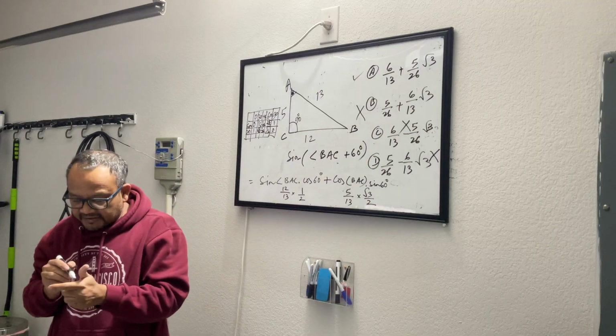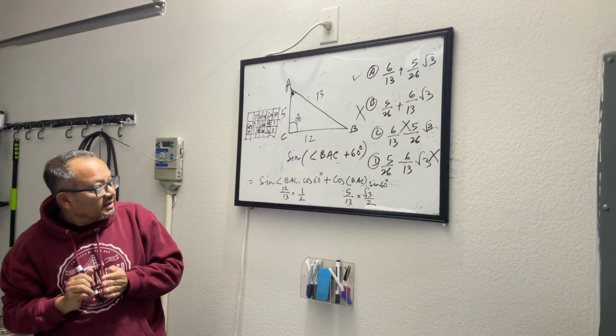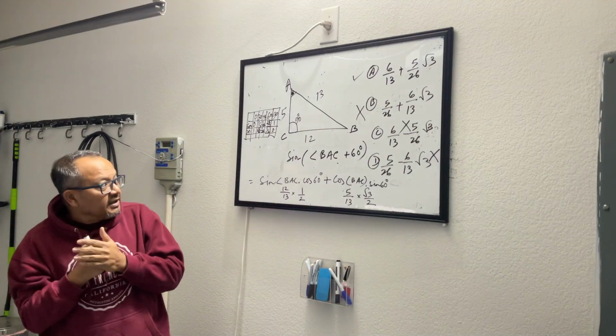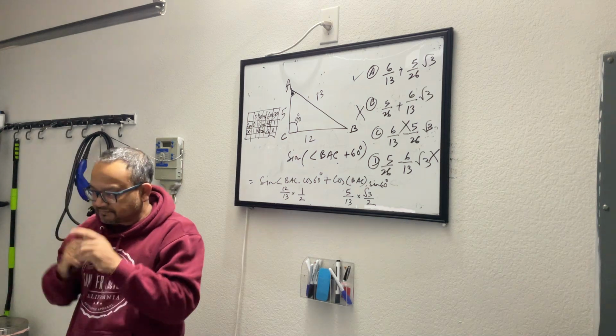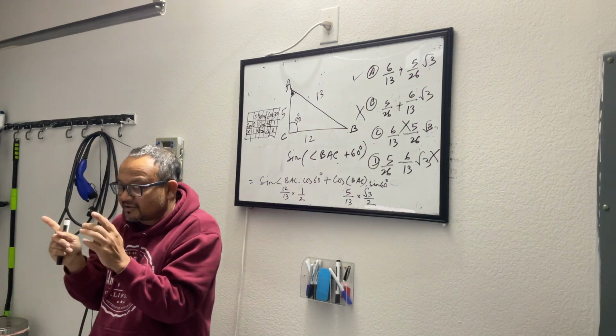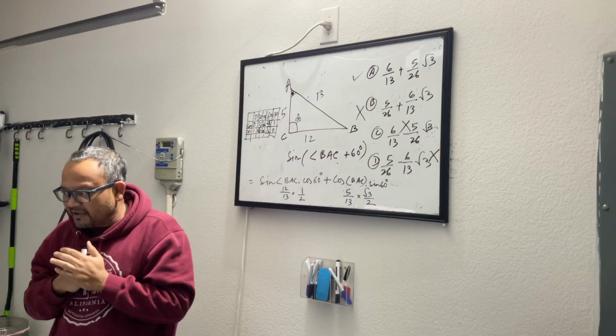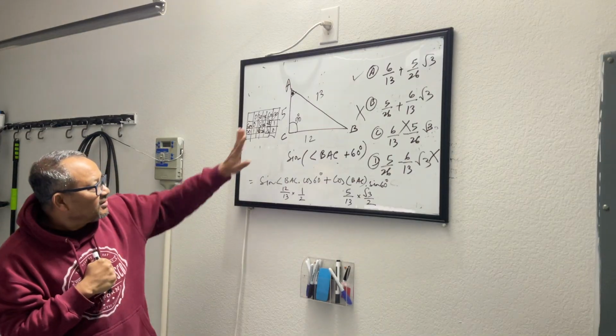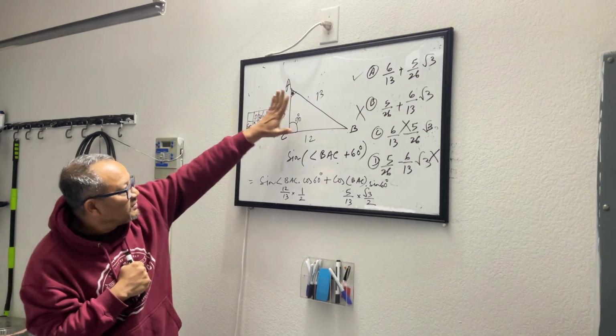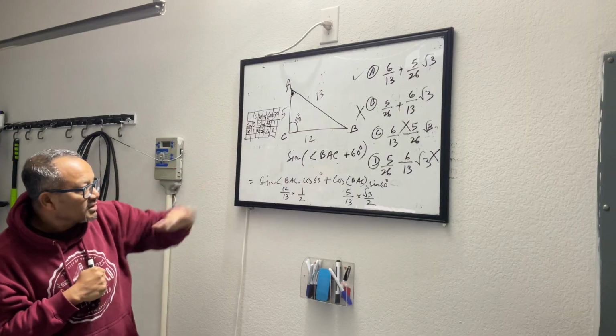In this whole process, you will actually need only 30 seconds, because our brains work faster than we speak. So here you look at this one. This is a right angle triangle. All angles are less than 90 degrees.